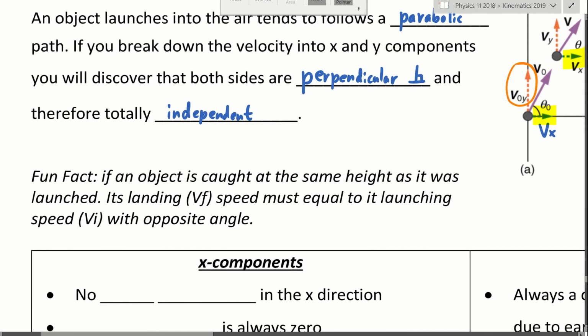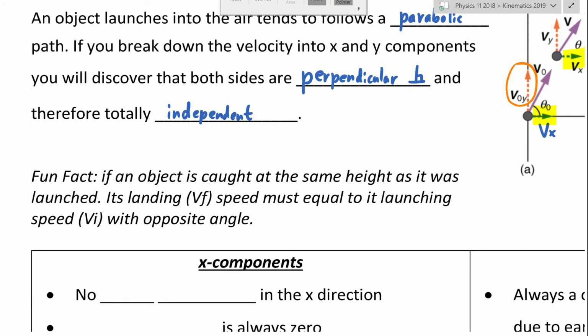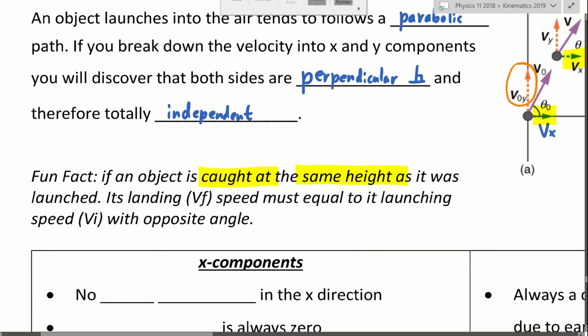Okay, now this fact we have already mentioned. If you catch the object at the same height that it is released, then its landing speed will be the same as its releasing speed, except the angle will be in the opposite direction.